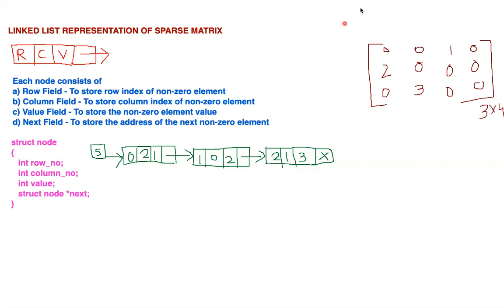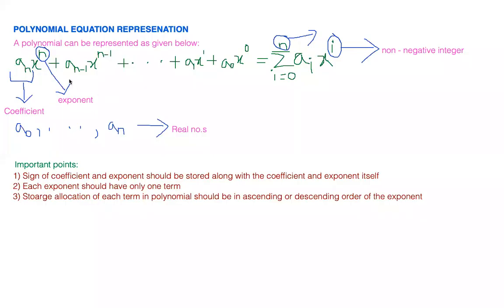So let us start with the polynomial representation. What is a polynomial? First let us know. We all know a polynomial equation can be represented like this: an x to the power n plus an minus 1 x to the power n minus 1, dot dot dot, till a0 x0.